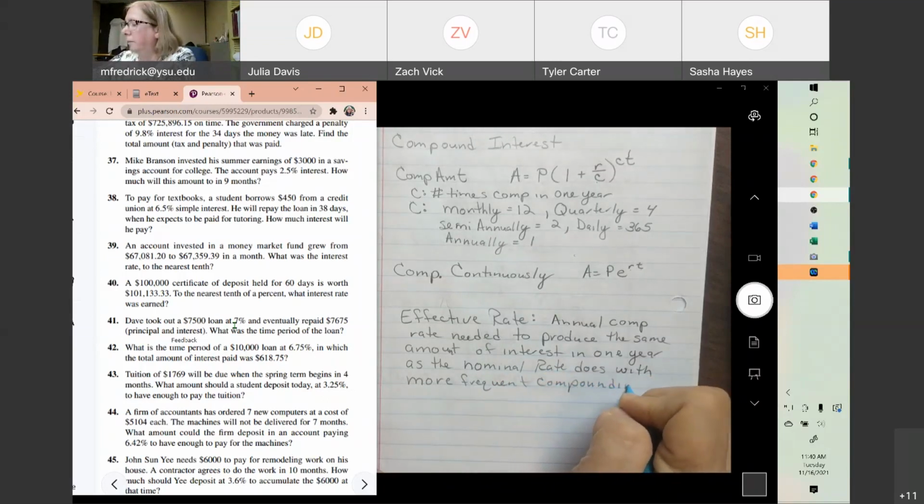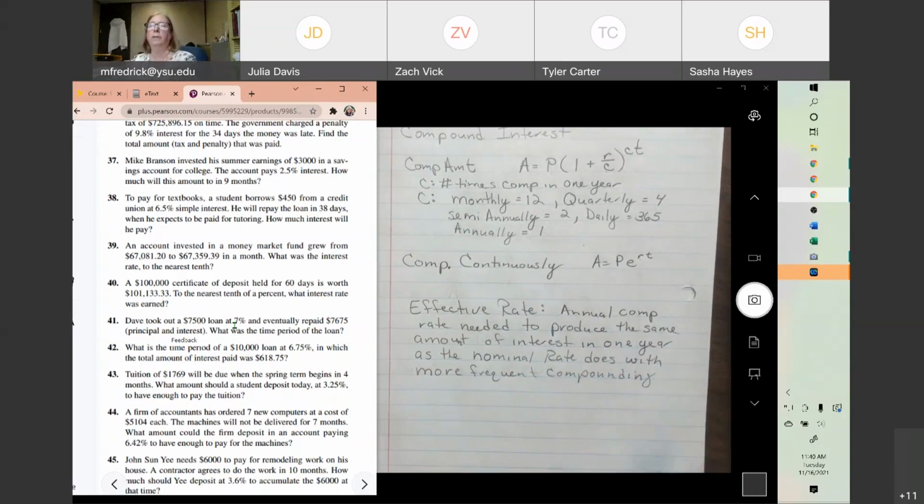I'll give you a second to write it. But what it's doing, if you had something that was 6% compounded monthly, effective rate will tell you approximately how much that is in a year.